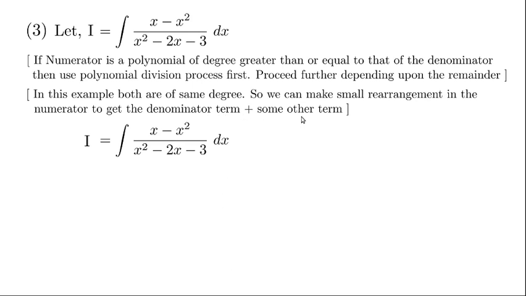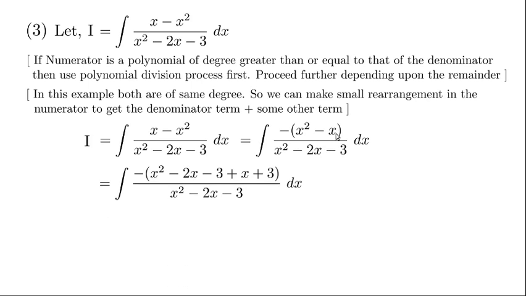So for that reason, I take the minus sign out first from the numerator. It becomes x square minus x, and what I want is x square minus 2x minus 3. So I will subtract x plus 3 and add x plus 3. So that becomes x square minus 2x minus 3 plus x plus 3. And now we will take this minus sign inside the bracket by introducing a bracket after 3.